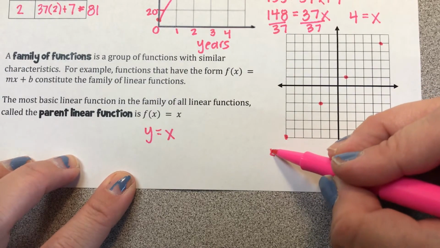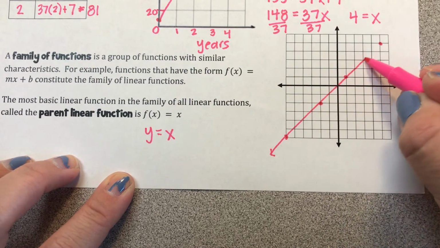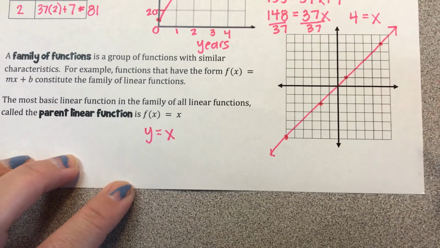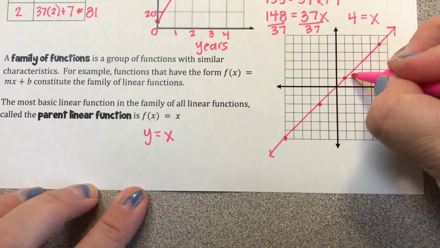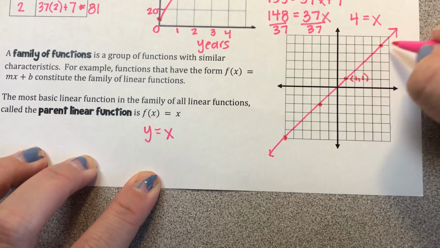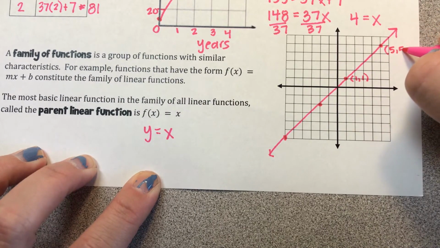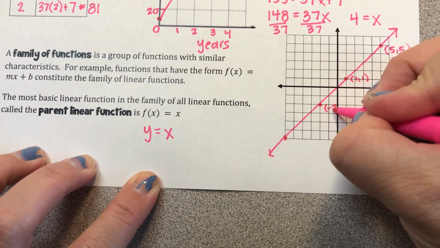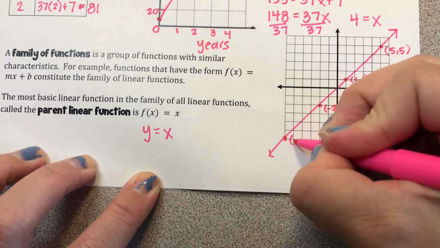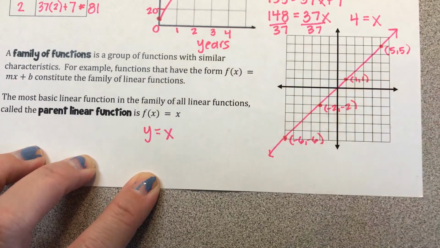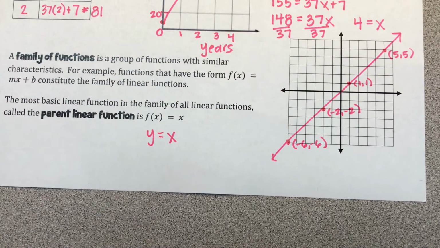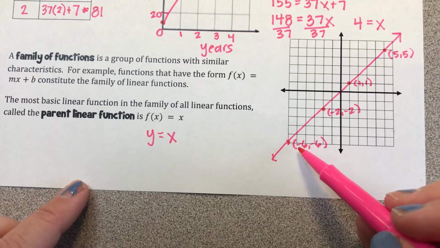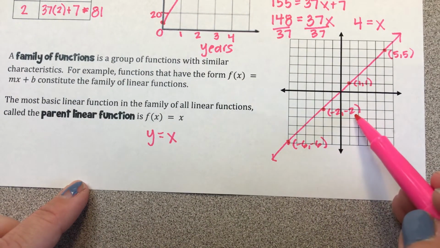Okay, so we connect these dots. We can even label some points to show us that this is 1, 1, 5, 5, negative 2, negative 2, negative 6, negative 6. Right? These are all the same, where f of x is the same thing as x, or y is the same thing as x.